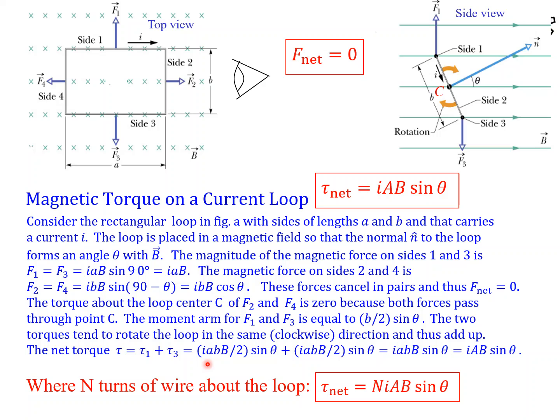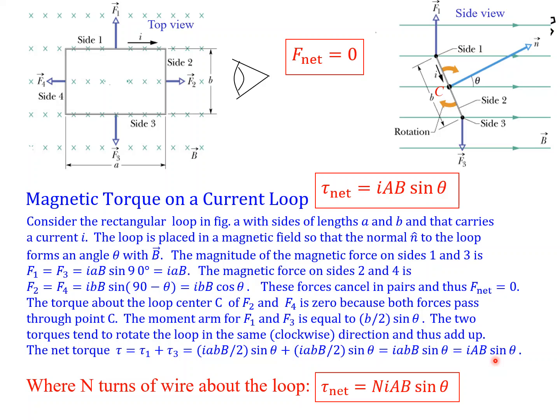So we've got these b/2 sine thetas times the value of the forces, which are IAB. And putting that all together, we get that for each one. Adding them together, we get IAB sine theta, which is the area, we call it capital A, of the loop, times the current, times B times sine theta.